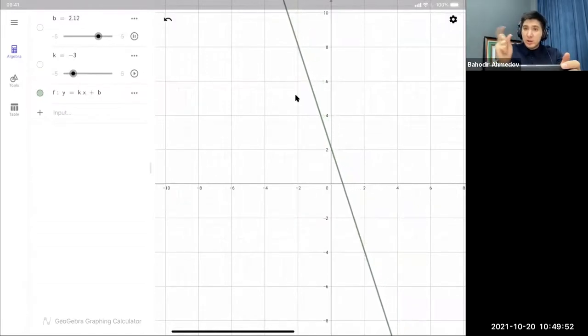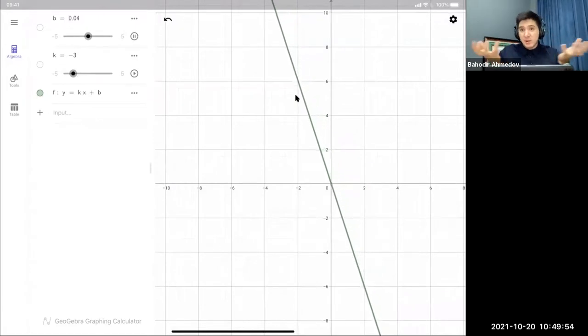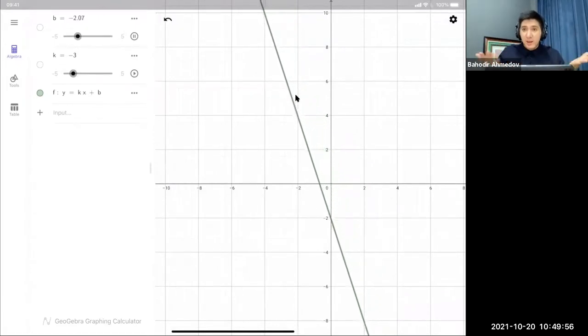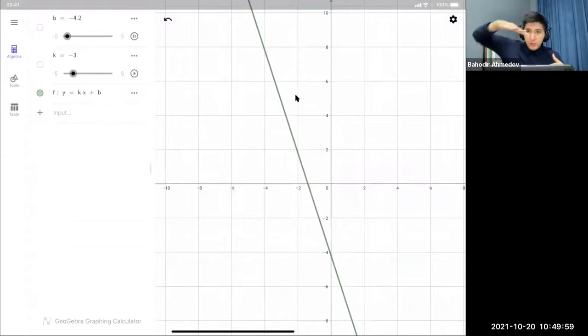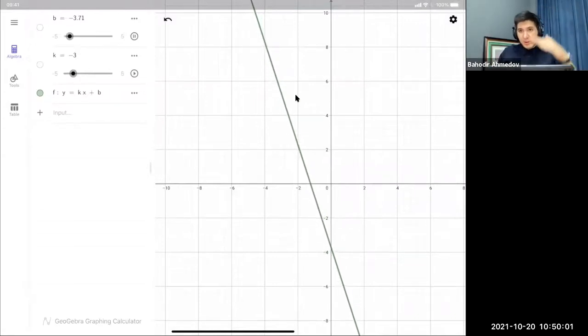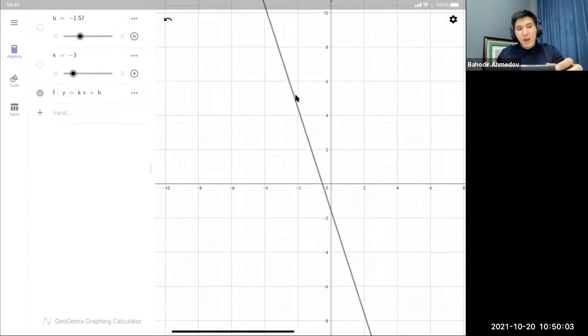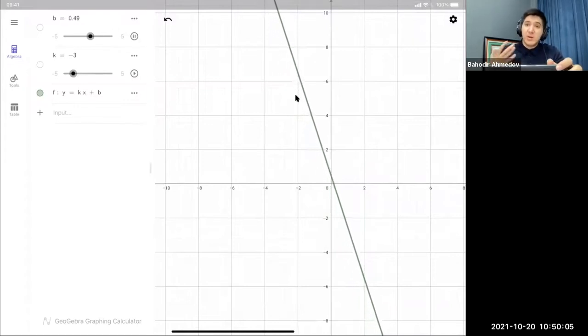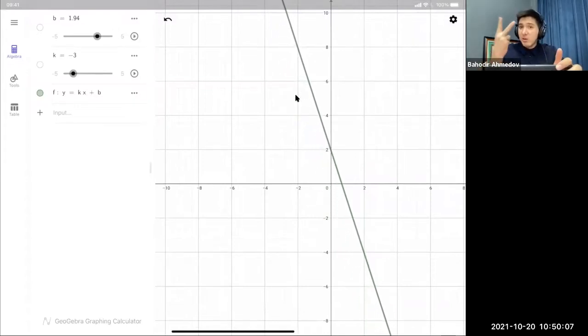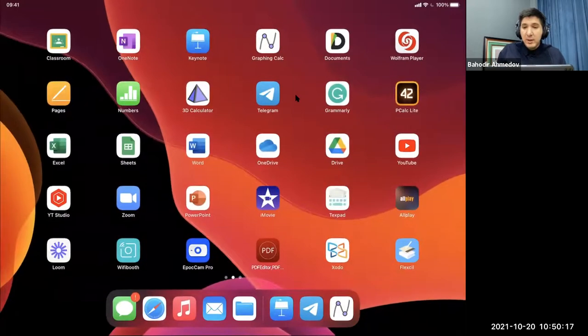Just using these two parameters, the slope and the y-intercept, you can define any line. Whenever I ask you to find the equation of the line, you just need to find these two things. I hope you have a better understanding of what they mean.